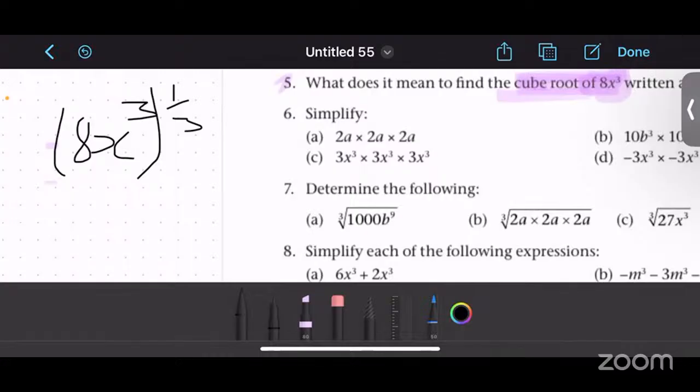Ma'am, I meant to say, you have to multiply a number 3 times so that it gives you 8. The number is 2. 2 times 2 is 4, times 2 is 8.